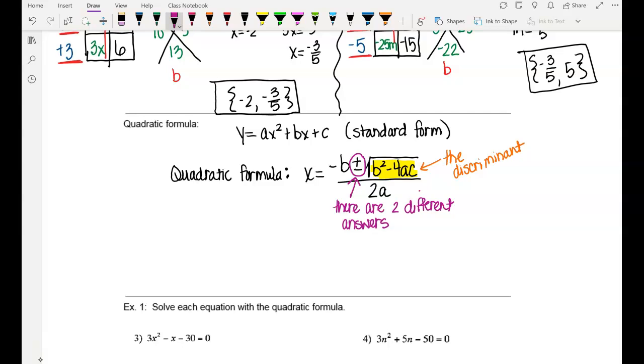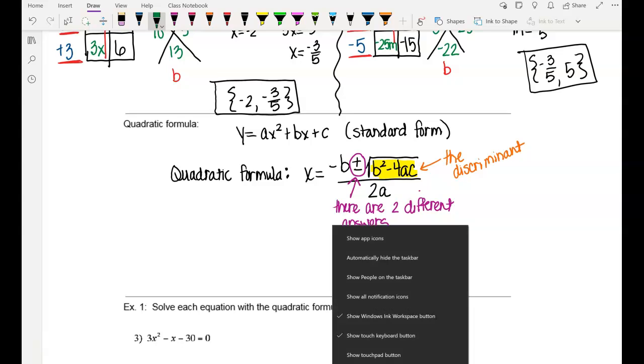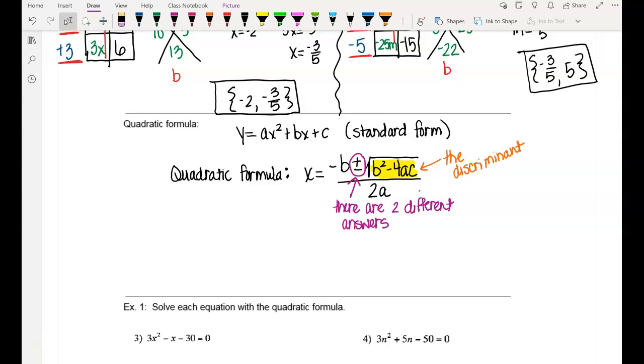Now today we are working with all rational answers. We will get into irrational and imaginary later in the week. But there's also one little thing we talked about with the discriminant last week: one side of the equation must be equal to 0 before we do any substitution.